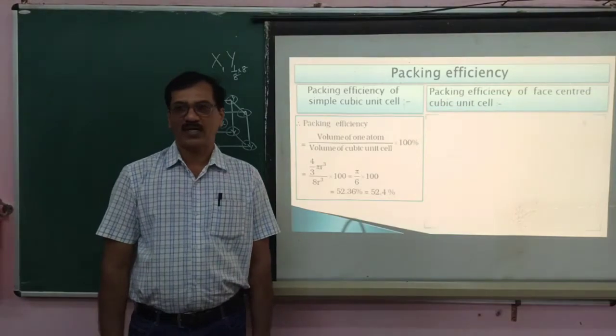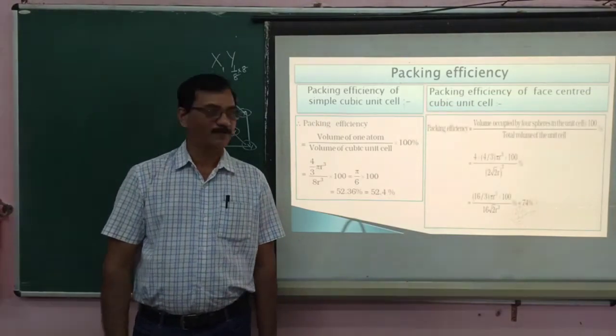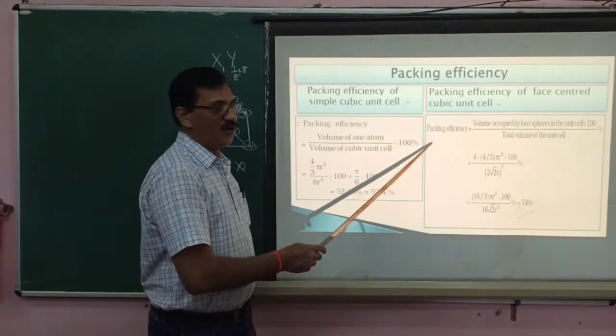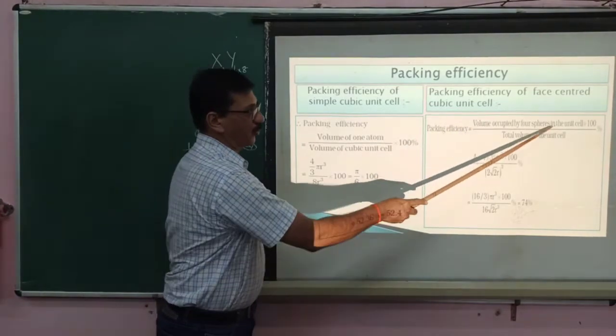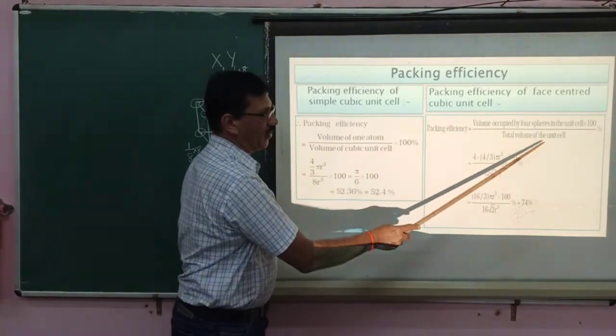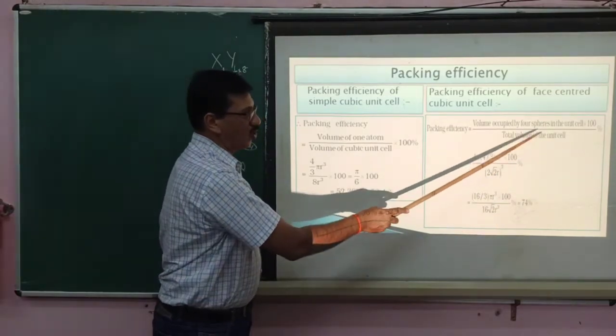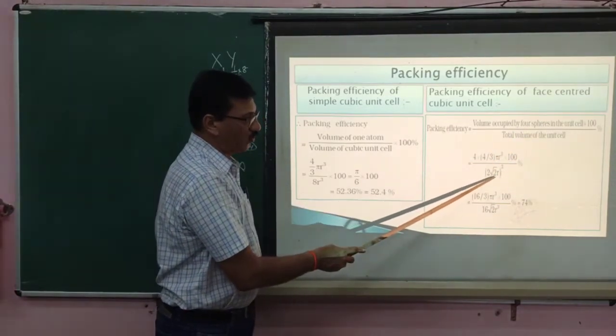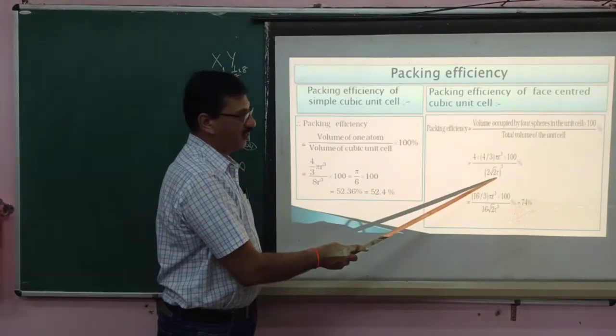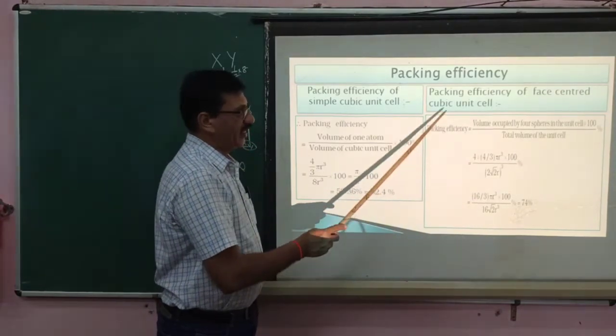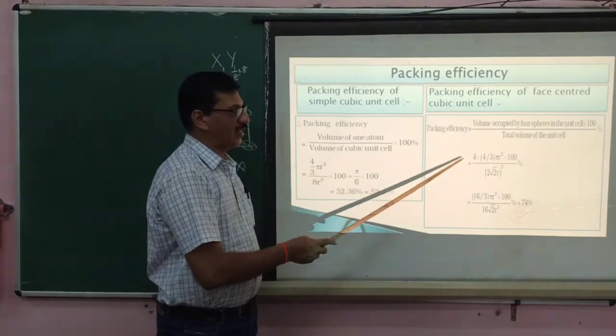Now, coming to the packing efficiency of the face centered unit cell. Same formula: volume occupied by the spheres in the unit cell into 100, divided by the total volume of the unit cell. The volume of the unit cell, with A equal to 2 root 2 r, is (2 root 2 r) whole cube. In the face centered cubic unit cell, there are 4 atoms.